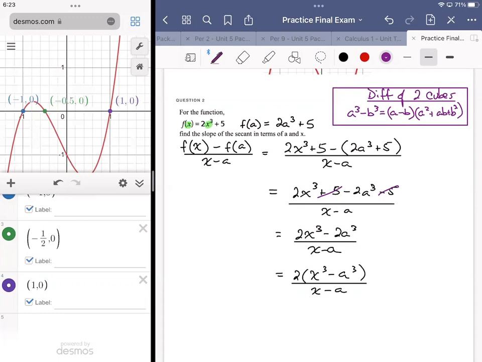Everywhere I have an a, I'm going to swap it out for an x. Everywhere I have a b, I'm going to swap it out for an a.